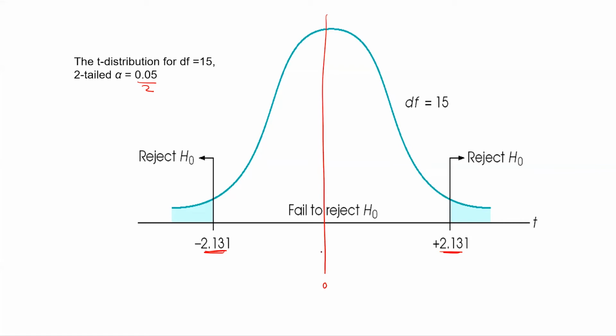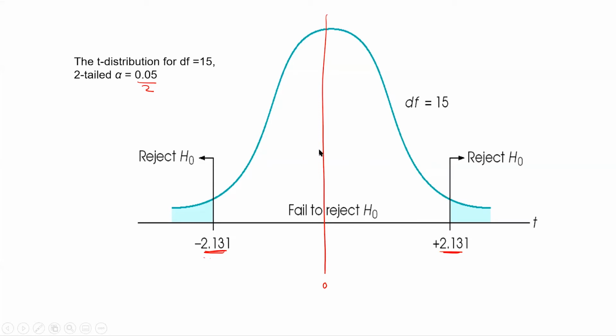If we got a t-calc, a calculated t-value that was less extreme, either less positive than this, so somewhere over here, or less negative than this value over here, we would fail to reject our null hypothesis. We would fall into this fail to reject region.